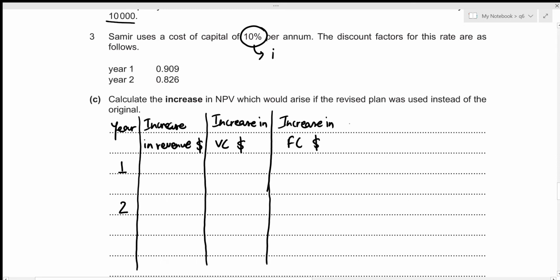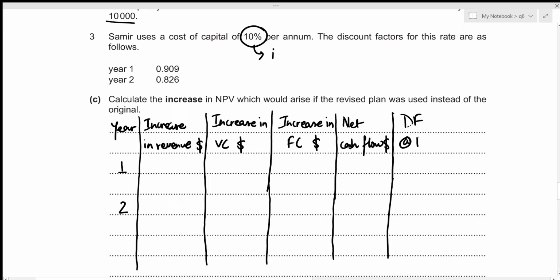Okay, then we need to add all these 3 columns and then figure out our net cash flow or increase in net cash flow. Okay, then we need to multiply our net cash flow with the discount factor, which is at 10%.